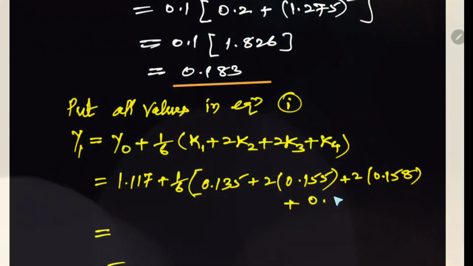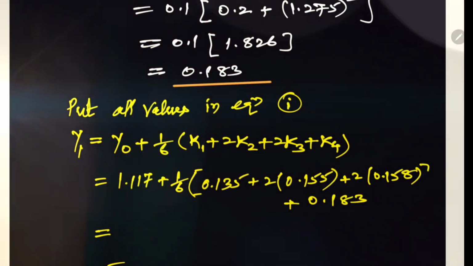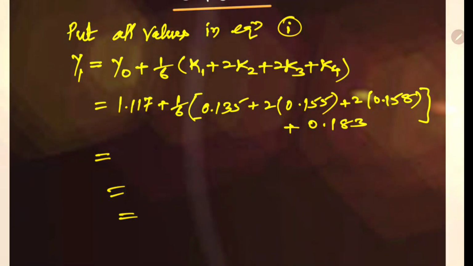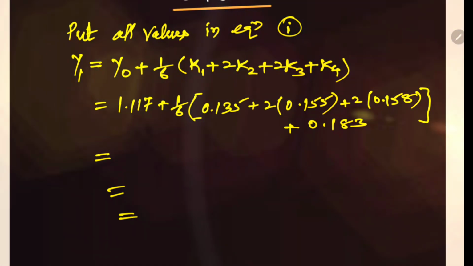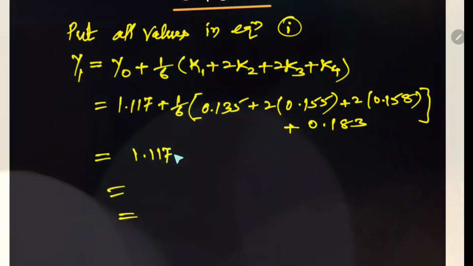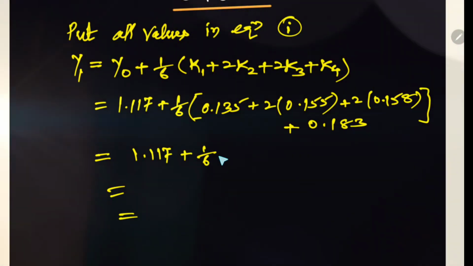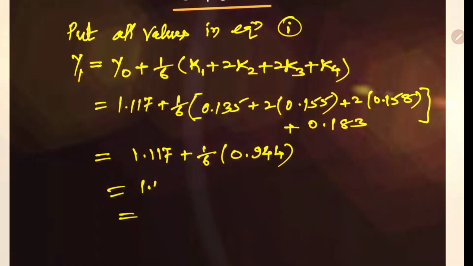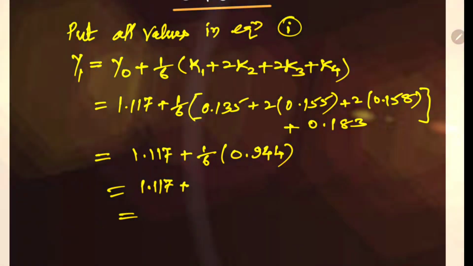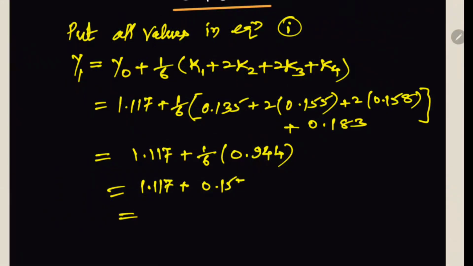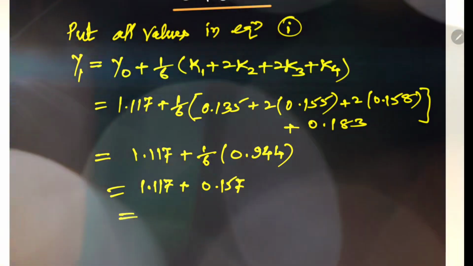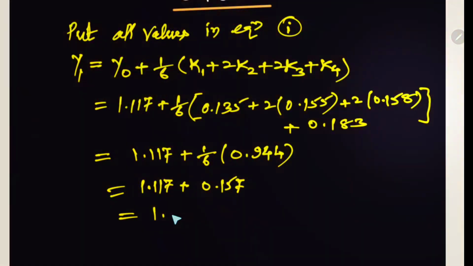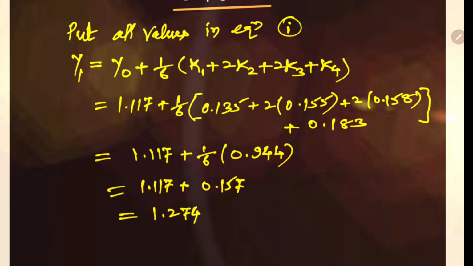And then simplifying it with the help of calculator, we have 1.117, that term as it is, 1 by 6 also as it is, and the sum of that 4 terms is 0.944. Therefore, it is 1.117 plus 0.157, sum is 1.274.